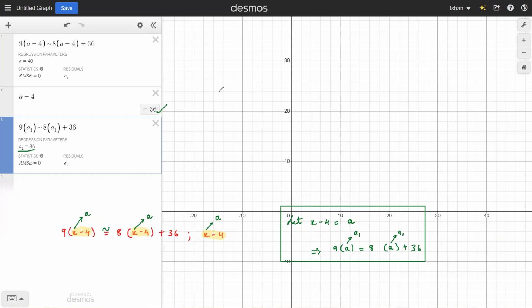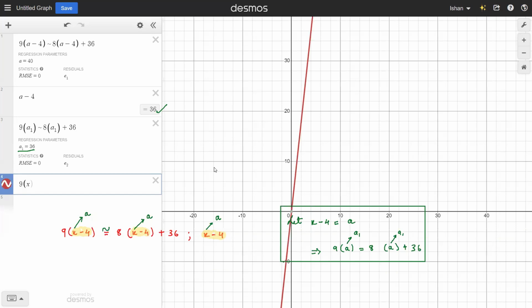The third is I can use the graphing way, where I need to write the equation directly, which is written in red. 9 times x minus 4 is equivalent to 8 times x minus 4 plus 36.